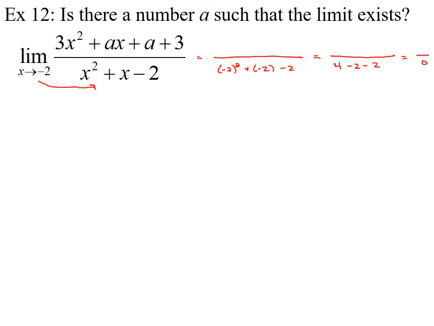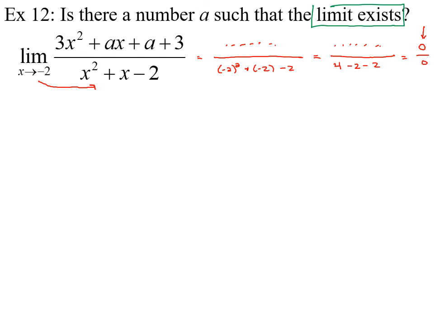Remember, the question's asking us, is there a value where the limit will exist? Well, the answer is, we can force that. We don't know what this is. What do you need the top to be? You need the top to also be 0. Because if you can force it to be 0 over 0, then you know that it simplifies in some way to get a limit value.